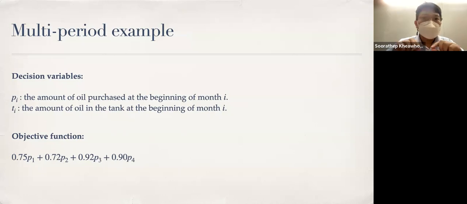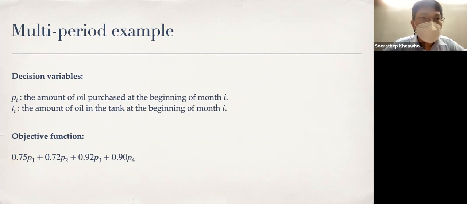And this is a special feature of a multi-period optimization problem, that it needs an auxiliary decision variable. Here we represent it as Ti. We call it the multi-period variable Ti. It is the amount of oil in the tank at the beginning of each month.